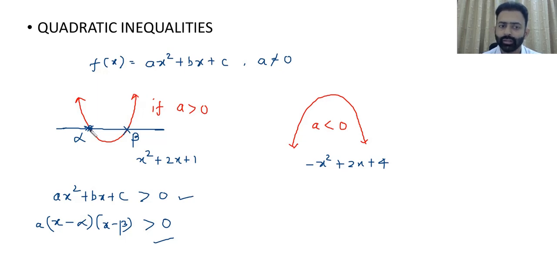And also the function is positive for all the values of x which are less than alpha. Okay, so for all these values of x, the function is positive.